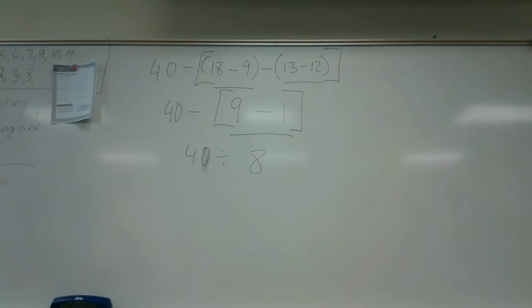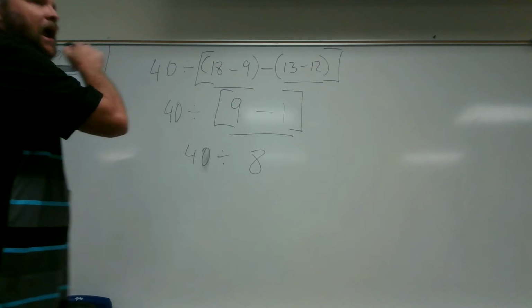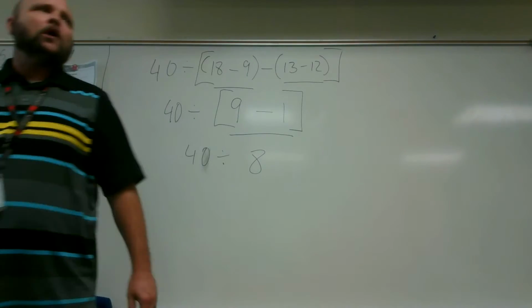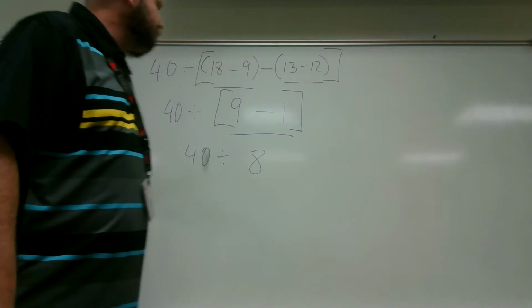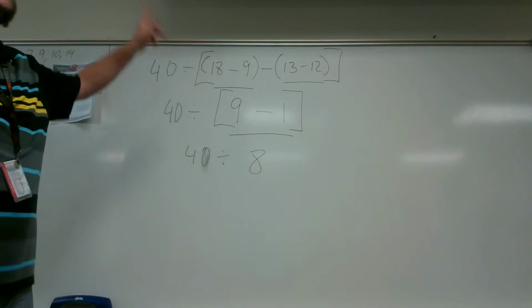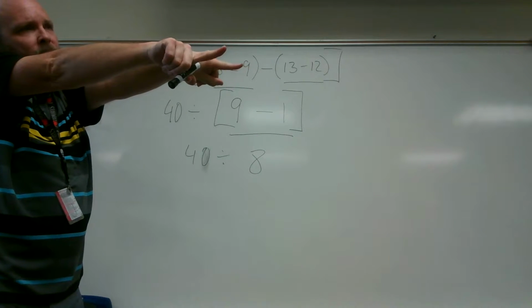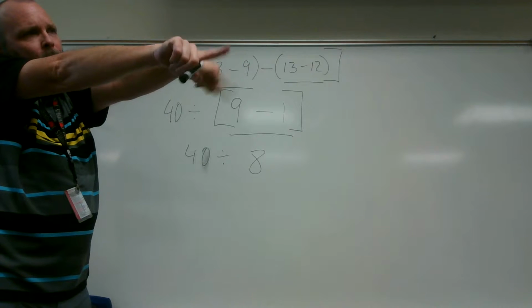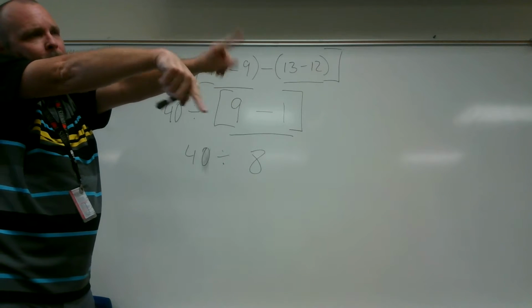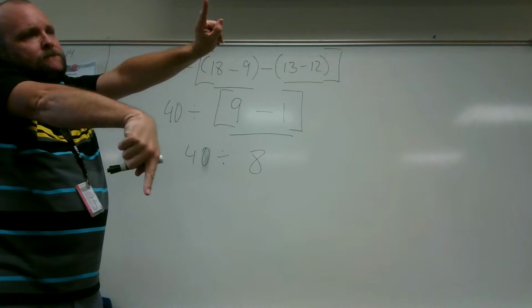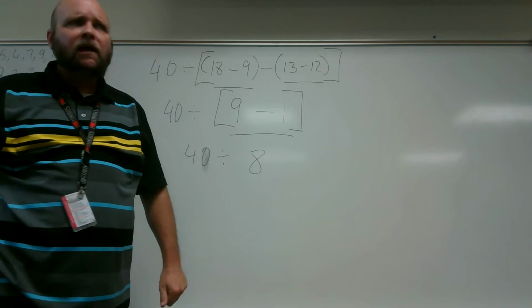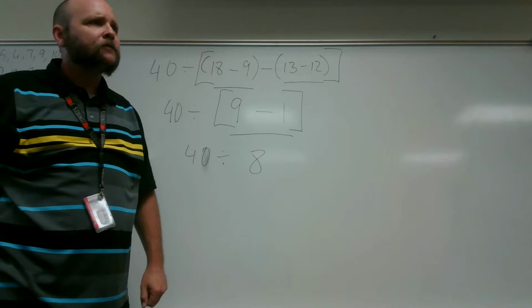So now we want to find the quotient. Notice the vocabulary I'm using: we want to find the quotient of 40 and 8. Katie, 40 divided by 8 is? Katie will tell me it's 5 by herself.